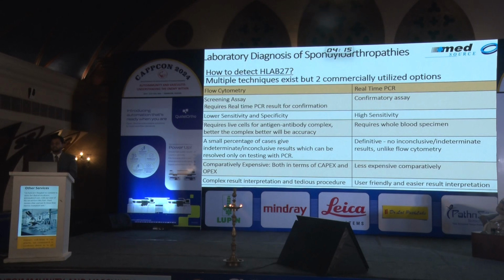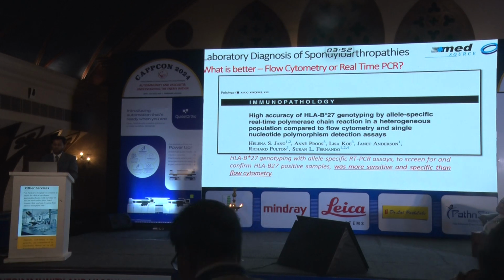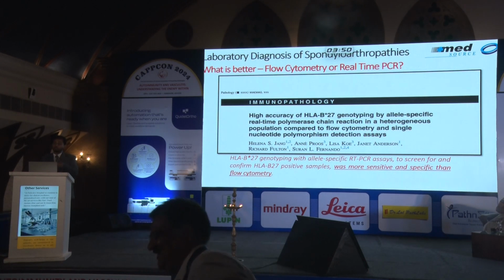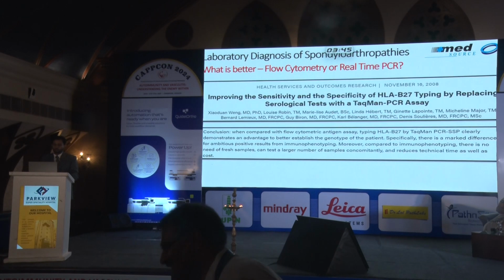There have been several studies across the globe reporting that detection of HLA-B27 mutation with real-time PCR gave better results and sensitivity compared with flow cytometric results for screening and for confirmation of HLA-B27 positive samples. It is found to be more sensitive and specific than flow cytometry.